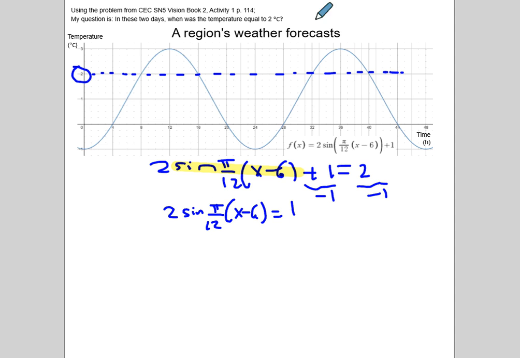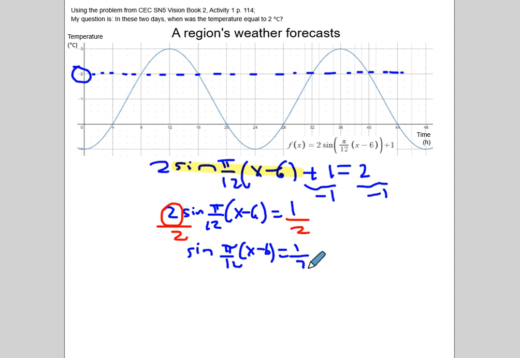And then there's a 2 at the beginning here, so to get rid of that 2, we need to divide by 2 on both sides. So we are left with our equation: sine of pi over 12 times x minus 6 is equal to 1/2.